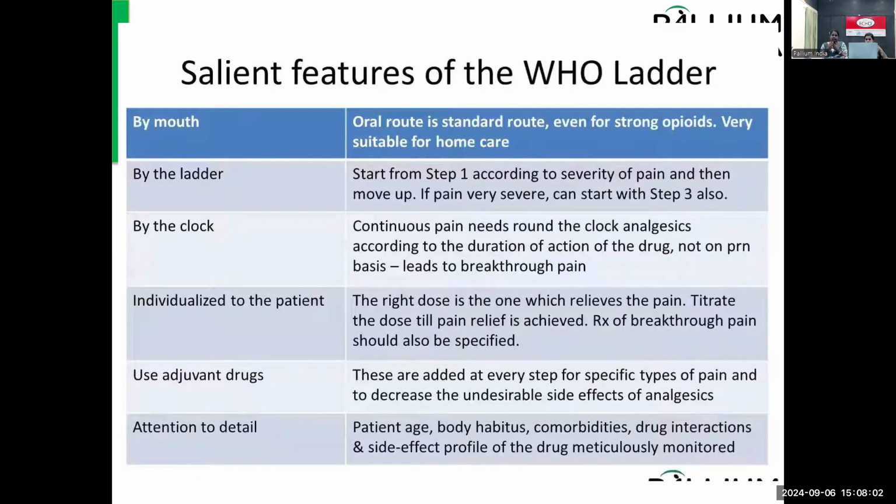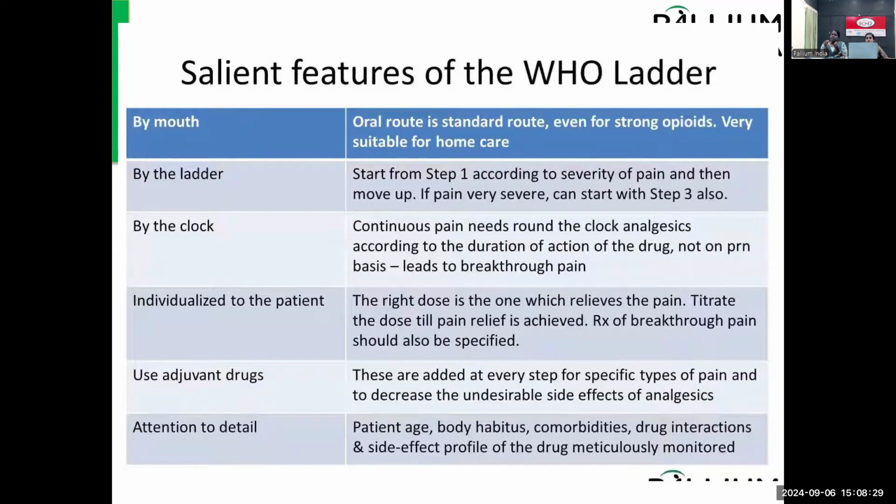Next one is by the ladder. We already discussed it. It is a stepwise approach depending upon the severity or intensity of the pain. We start from a step according to the severity of pain, and then move up. If a patient comes with moderate pain, with a pain score of maybe 5 to 7, we start with step two.